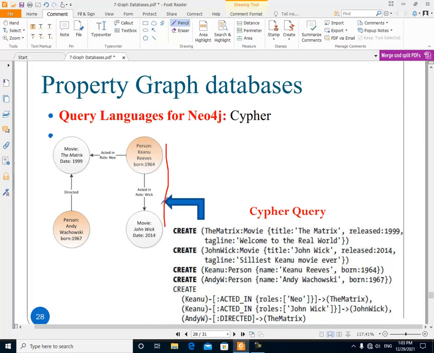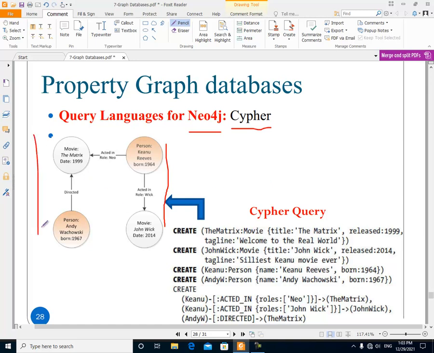This is an example of the Cypher language. The Cypher language is a query language for Neo4j, and this is the example here.